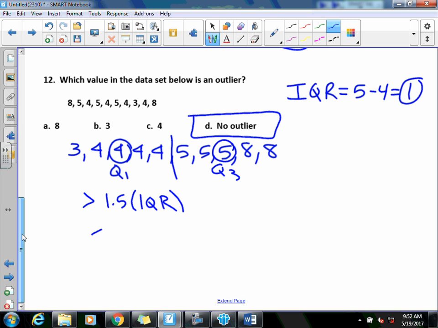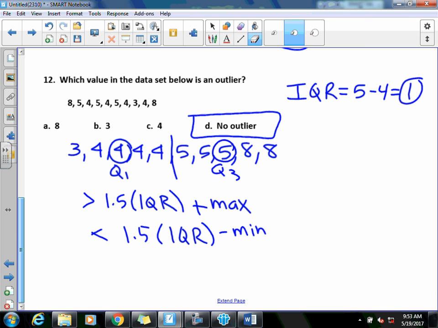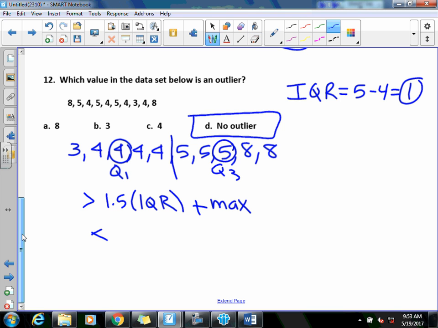If there's a number that is less than the min minus 1.5 times IQR, okay, then all right, it's an outlier as well.